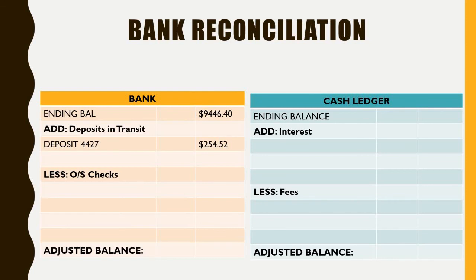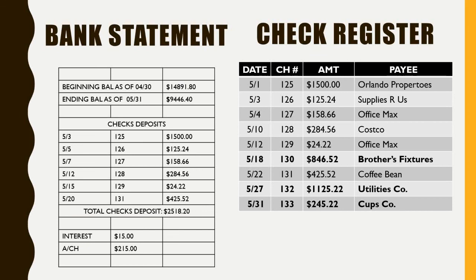So on my books, right, I wrote all these checks out. Now, once again, as I've mentioned before, it only appears on your bank account as soon as the recipient, the person that you wrote the check out to, cashes it into their bank account.